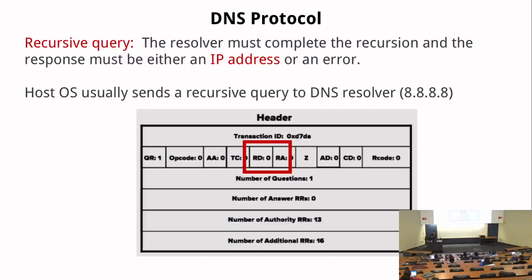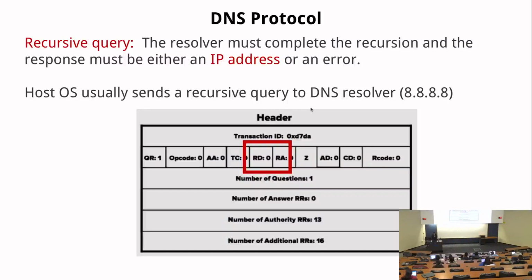So a host OS usually sends a recursive query to a DNS resolver. Let's say 8.8.8.8. That is a DNS server maintained, I believe, by Google. So Google chose a very easy to remember IP address. So if your local DNS server is not working, then you can just use this IP address as a DNS. And it's easy to remember.